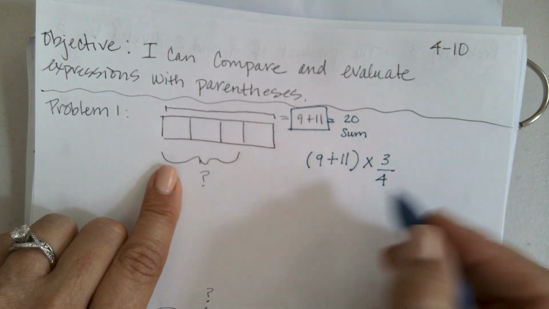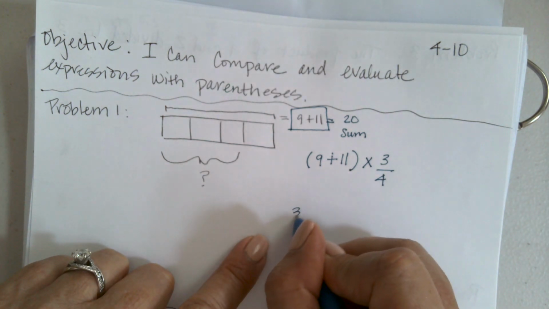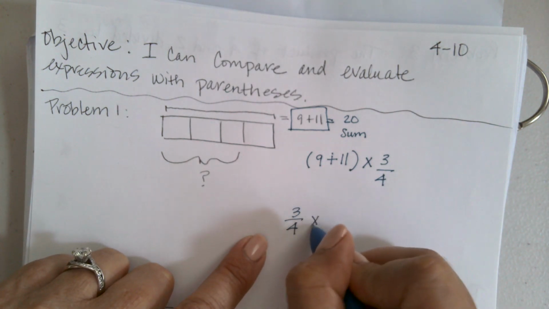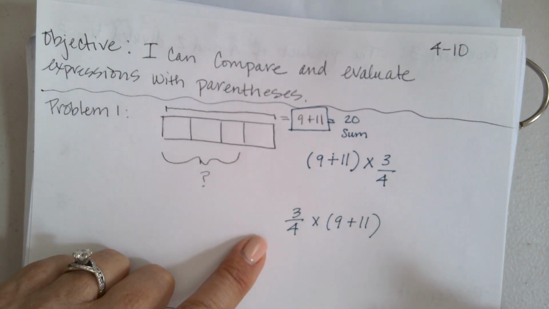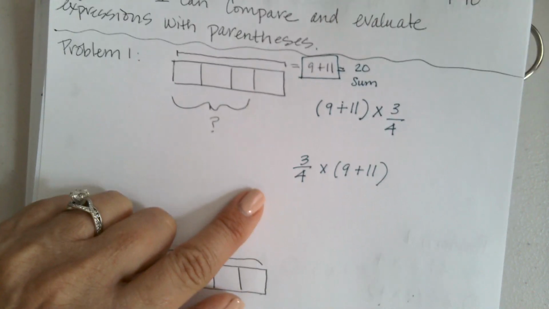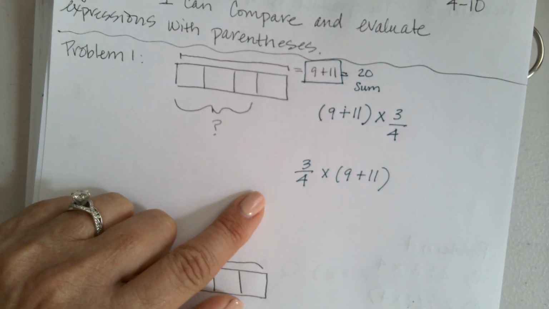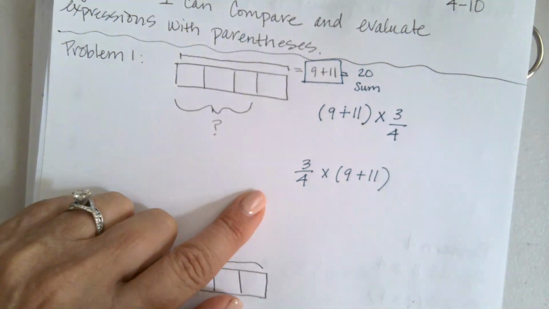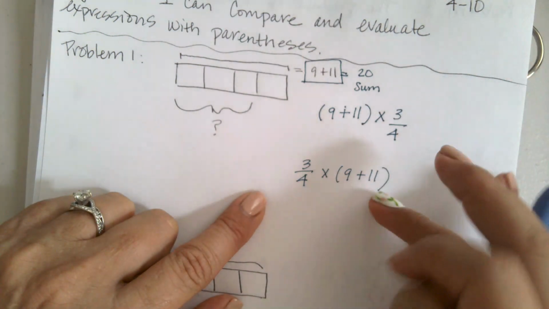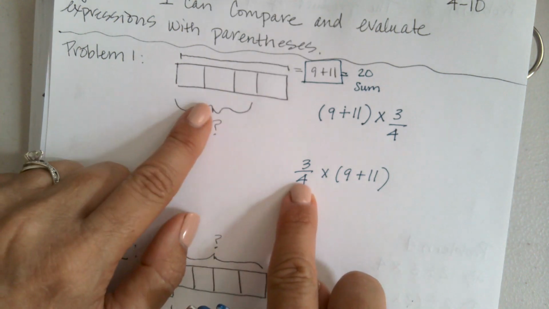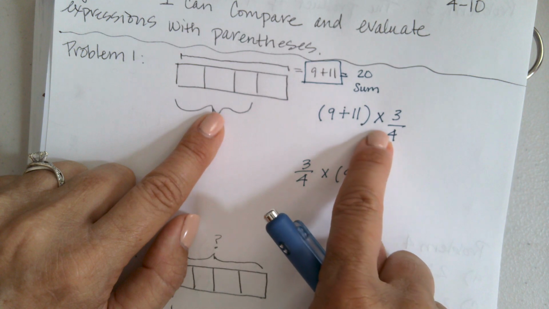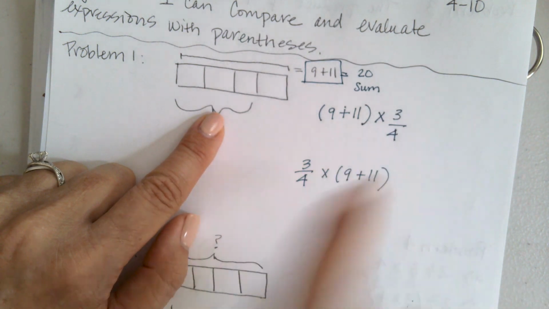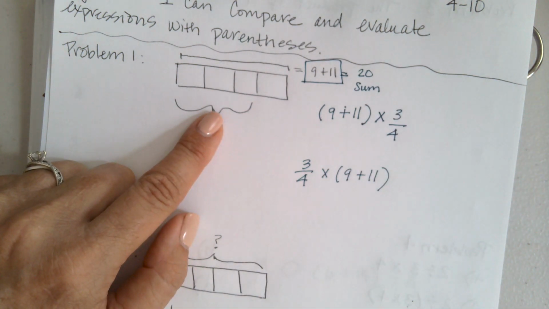Now, another way to write this would be 3/4 times 9 plus 11. And there's one more way to write it. Do you know what it is? And these all are going to give us the same exact answer. They mean exactly the same thing. 3/4 of 9 plus 11. 9 plus 11 times 3/4, right?